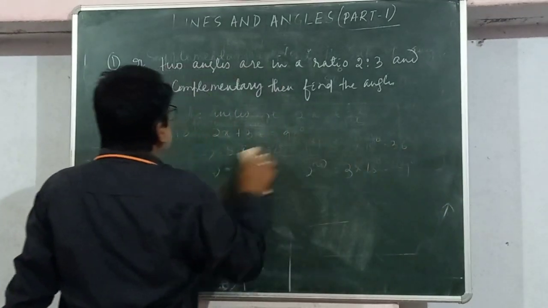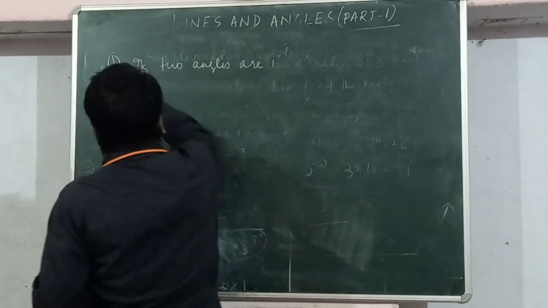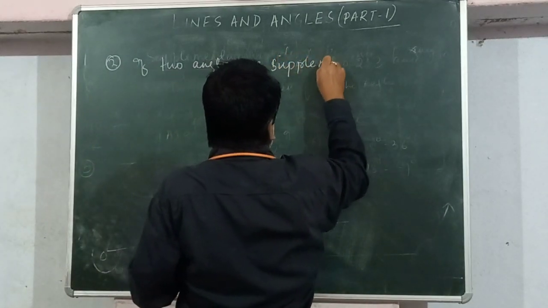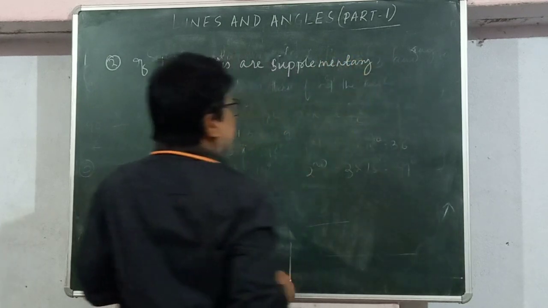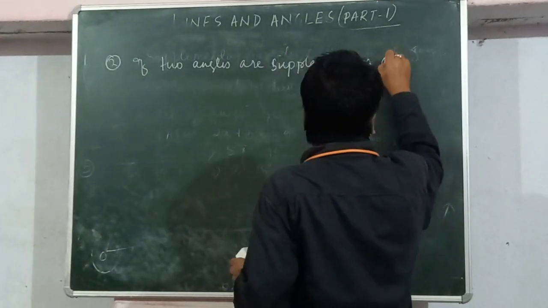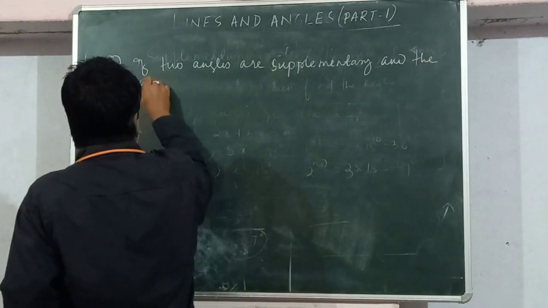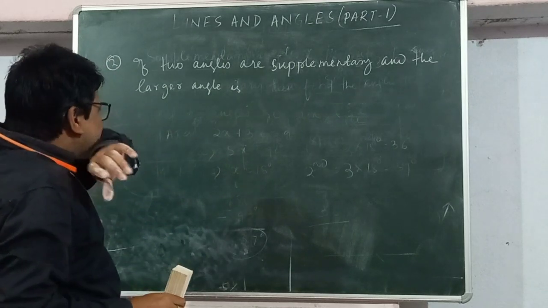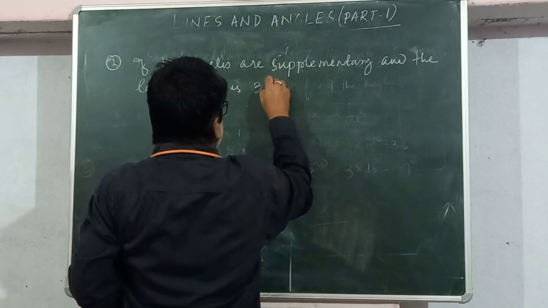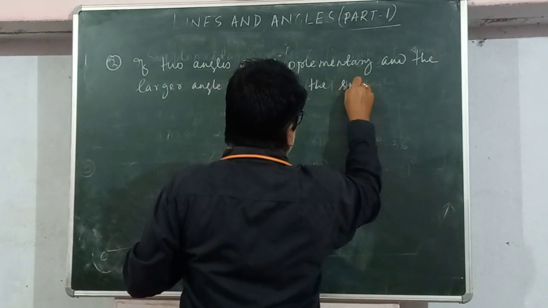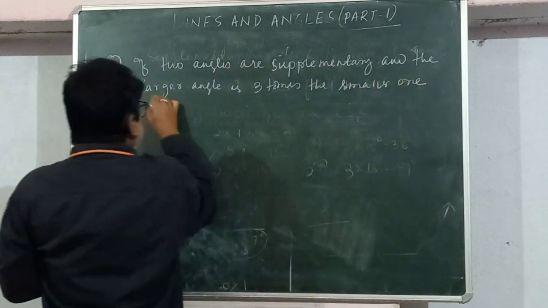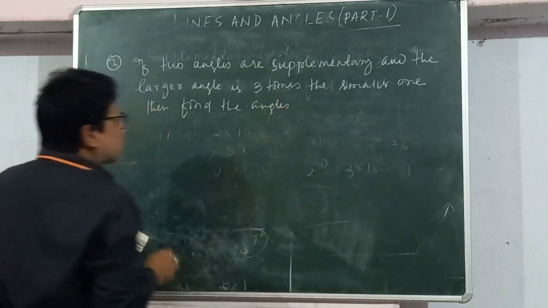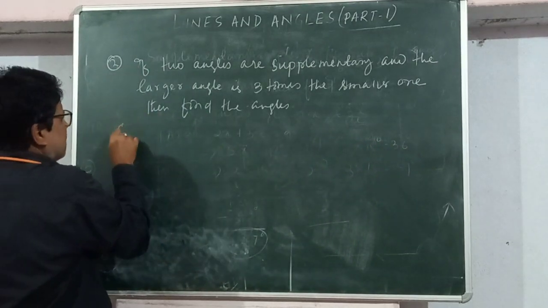Now, if two angles are supplementary and the larger angle is three times the smaller one, then find the angles. Here you will solve it like this.